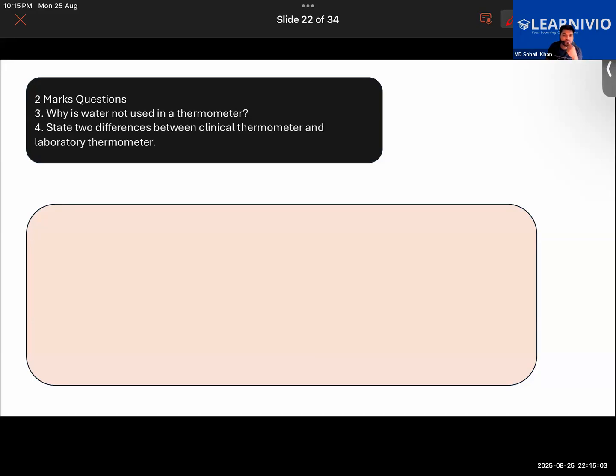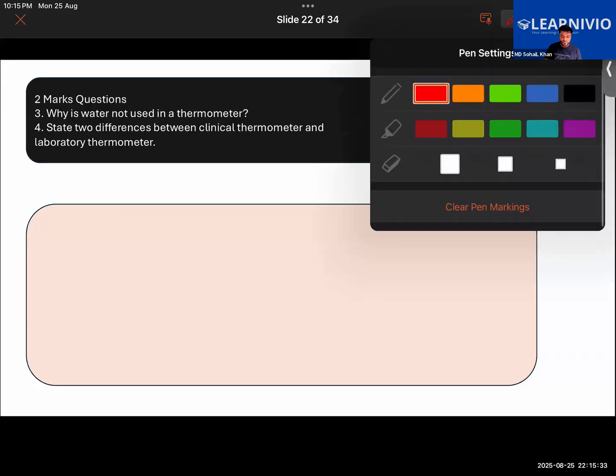For example, if we heated water inside a thermometer, it would need a very high temperature to rise even a little, and at that temperature it would evaporate. Thus metals such as mercury are used, and nowadays we use other liquids which expand on heat.